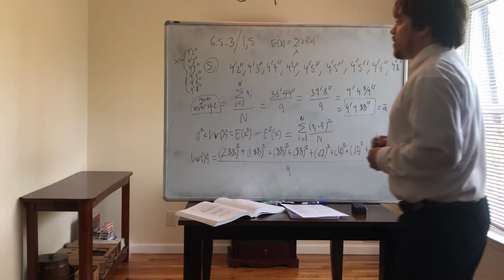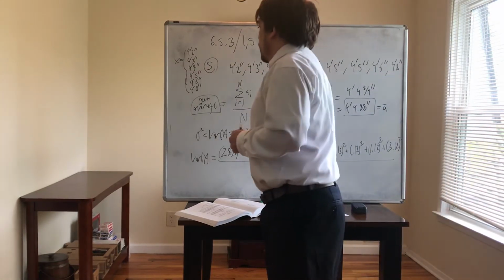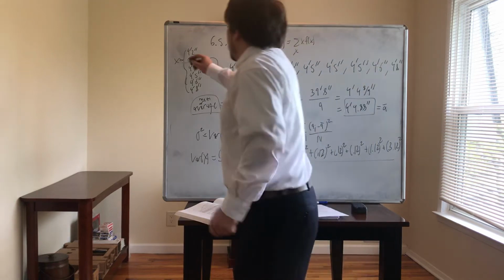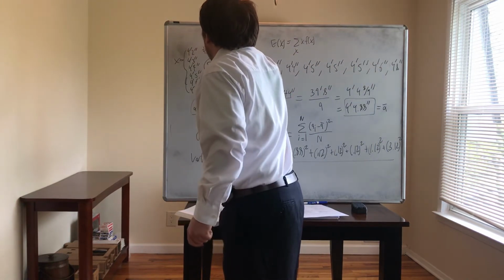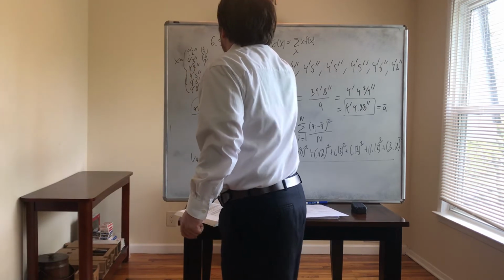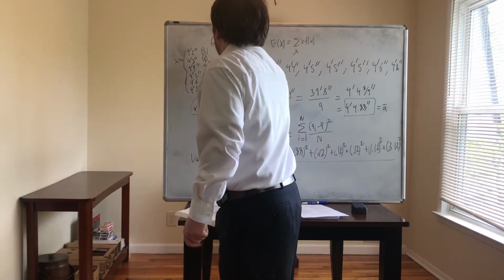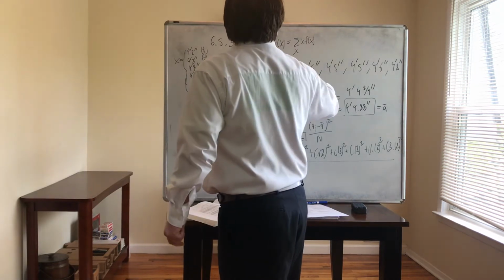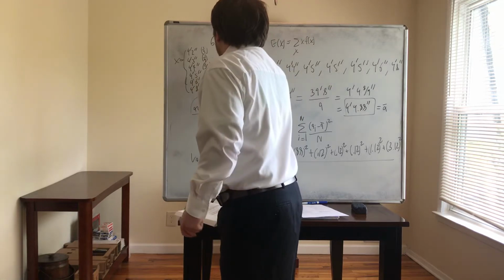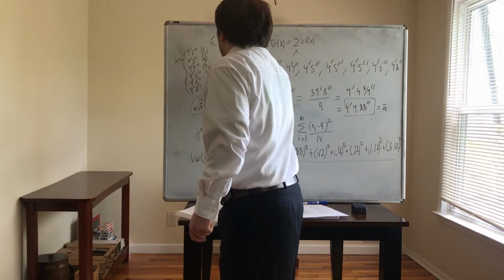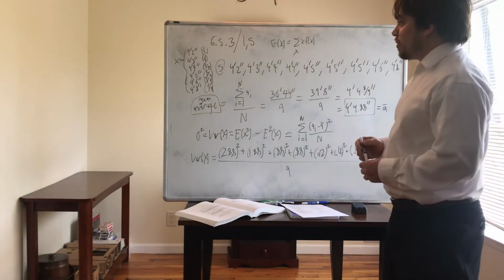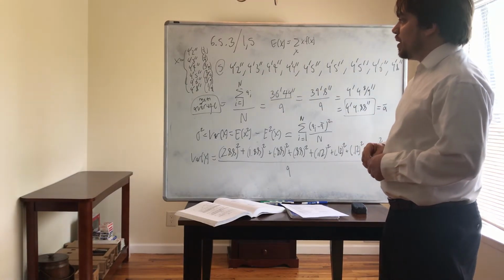You have those 6 possible values, and their probabilities would be 1/9, 1/9, 1/9, 2/9, 3/9, 1/9, 1/9, because there's one of these, one of those, 2 of those, 3 of those, 1 of those, and 1 of those. Okay, so those would be the probabilities.